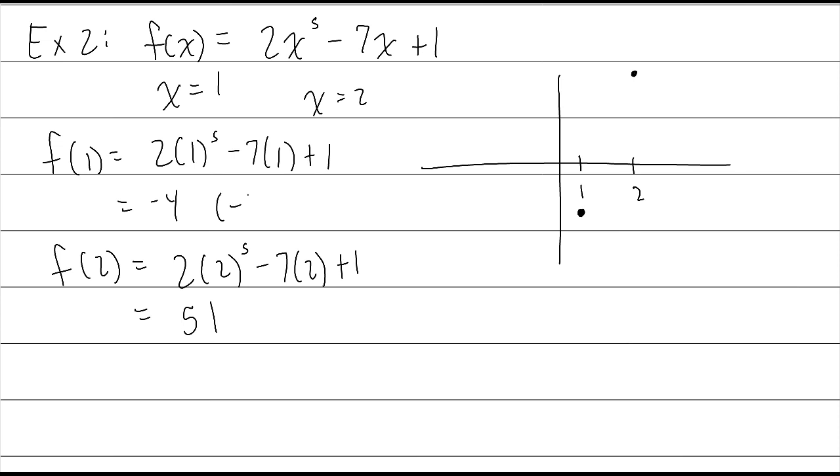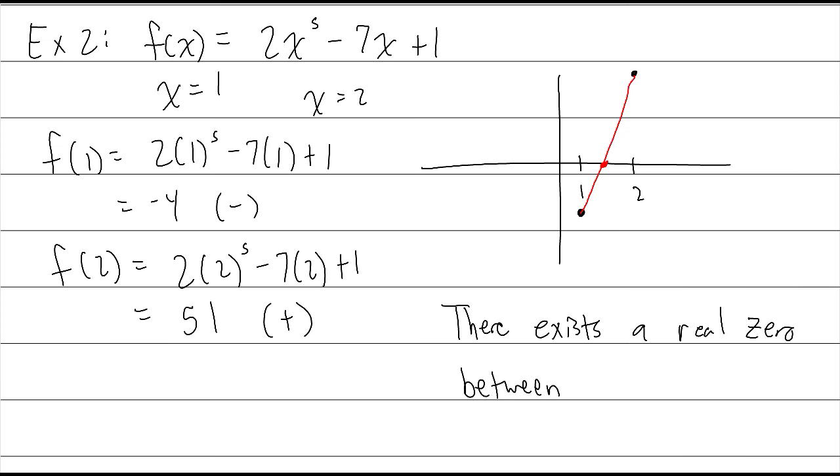So we have a negative, we have a positive. The only way for me to get from this point down here to this point up there is to cross the x-axis, right? So we could conclude that there exists a real zero or an x-intercept, same idea, between x equals 1 and x equals 2.